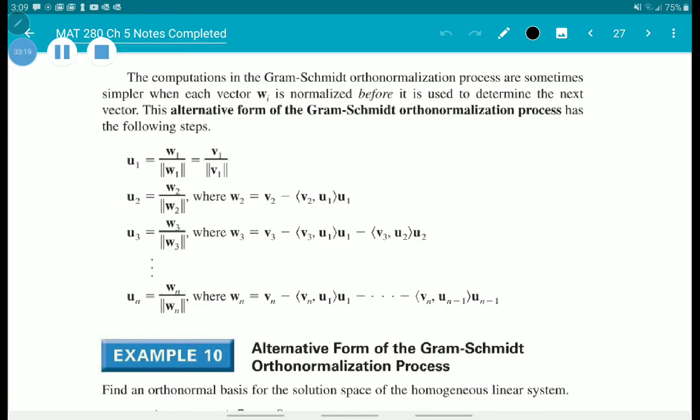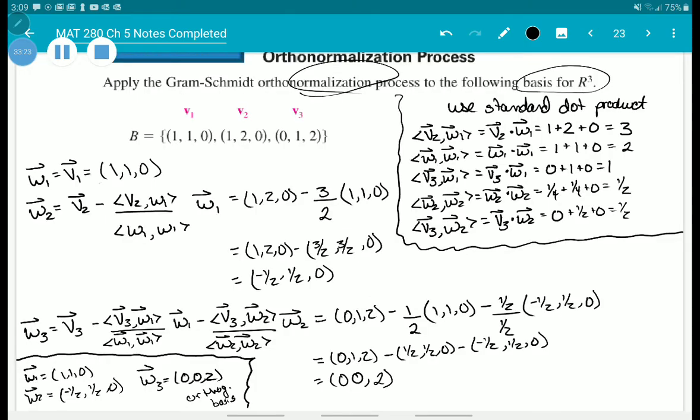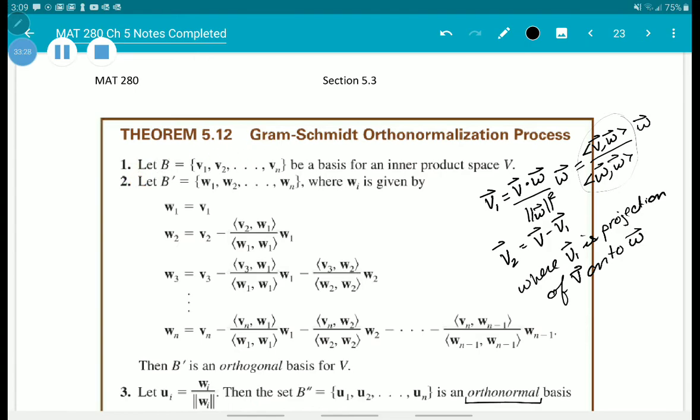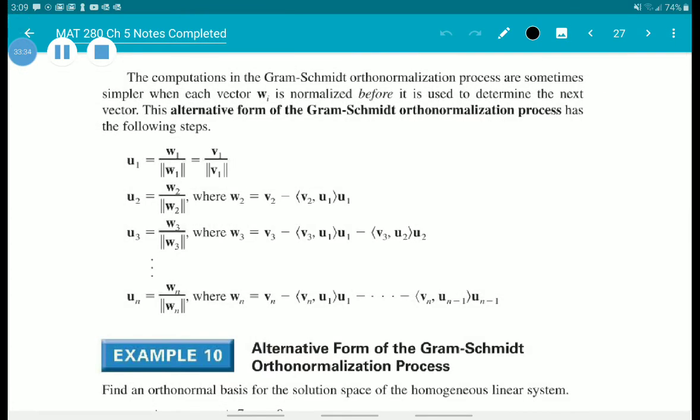Normally with Gram-Schmidt, let me go back so you can see and I can point to things. Normally with Gram-Schmidt, your first vector is your first vector. In the alternative form, we're taking that first vector and we're going to go ahead and normalize it. So this is already a normal vector, which means it has a length of 1.